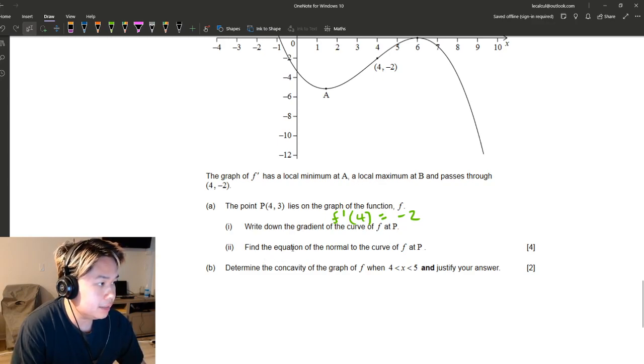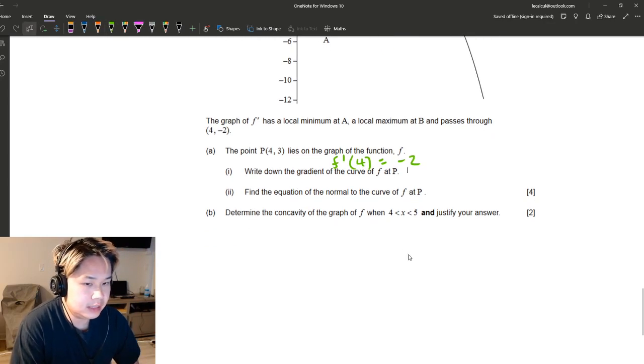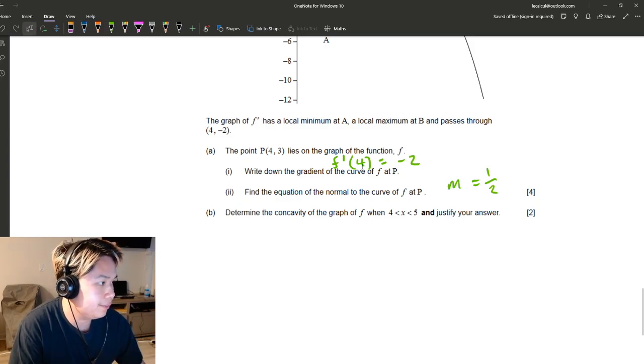And then find the equation of the normal to the curve at this point. So first we need the gradient of the normal. I guess I'll just call it m. And this is the negative reciprocal of the tangent gradient. So it should be +1/2.